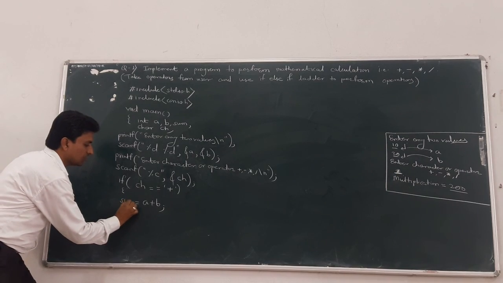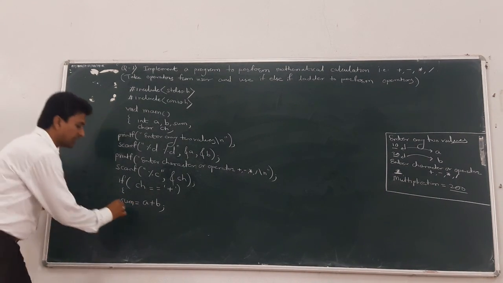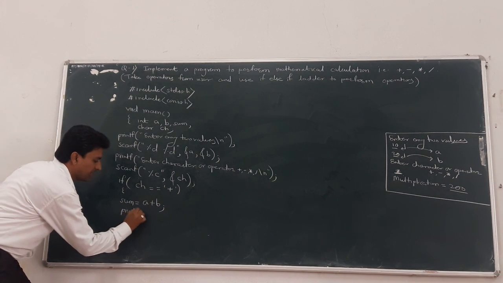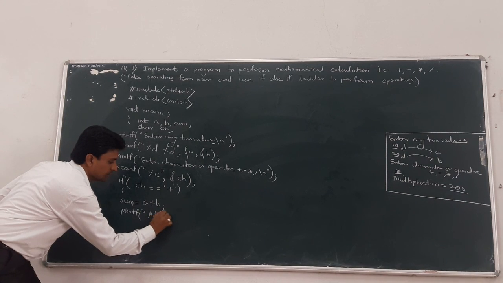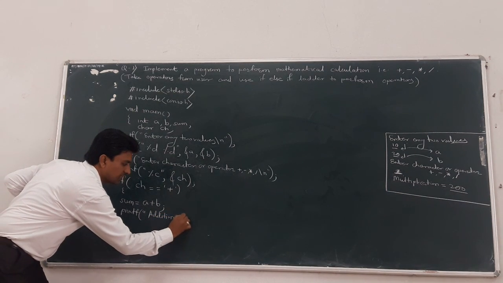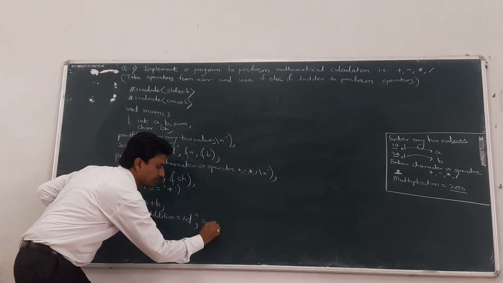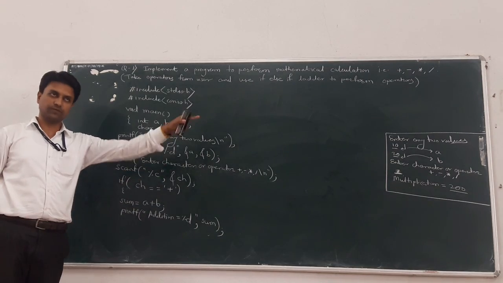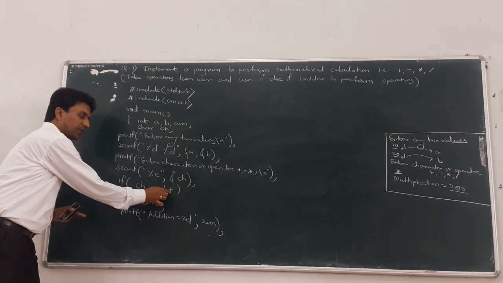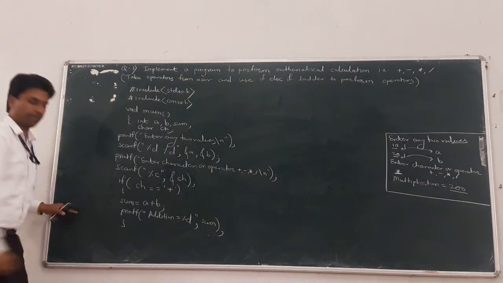So sum is equal to A plus B. Store the addition into a variable. Give the message, that is printf "Addition is equal to %d" comma sum. So this message is displayed on the console if the user enters the plus operator. Curly bracket complete.